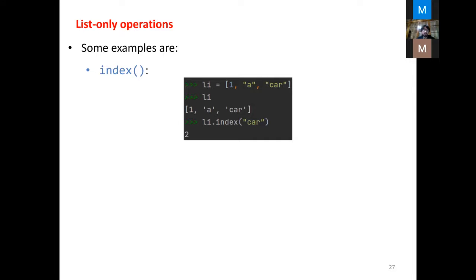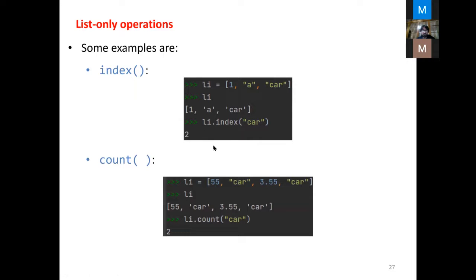Then you can also use index. This is also useful if you're looking for a particular element. So here we define the list 1, A, car, and we want to find the index of where car is. So you use the function index, you type the value that you want to find, and then it spits out the index.